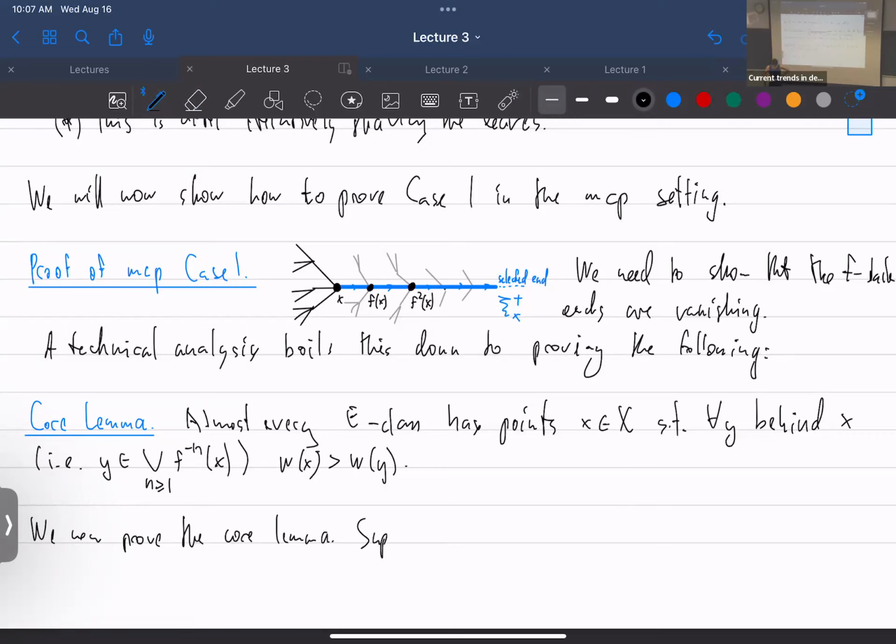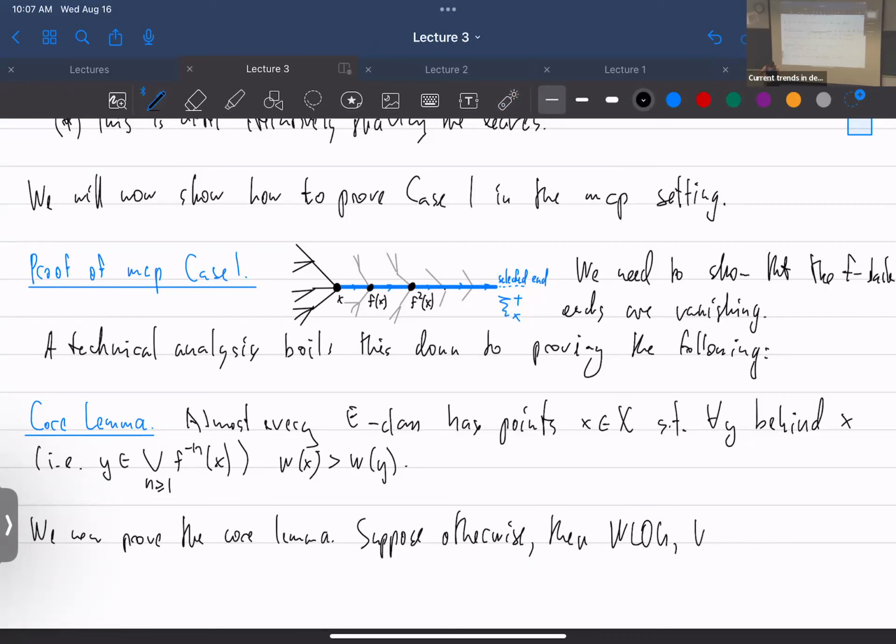To obtain a contradiction, suppose otherwise. Then without loss of generality, otherwise means that on a positively measured set what I want doesn't hold, but you can restrict to that invariant set where it doesn't hold. So we may assume without loss of generality that it doesn't hold everywhere.